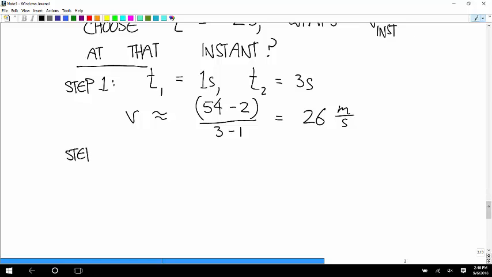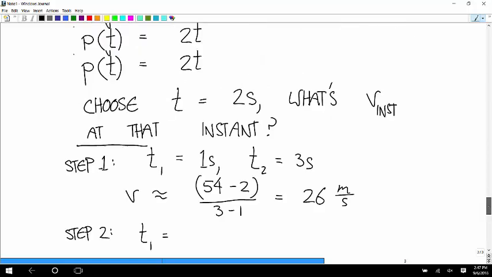But now we're going to do another approximation with those 2 times t1 and t2 closer together. Okay, we're going to see what happens. Remember, all we're trying to come up with is the instantaneous velocity at 2 seconds.